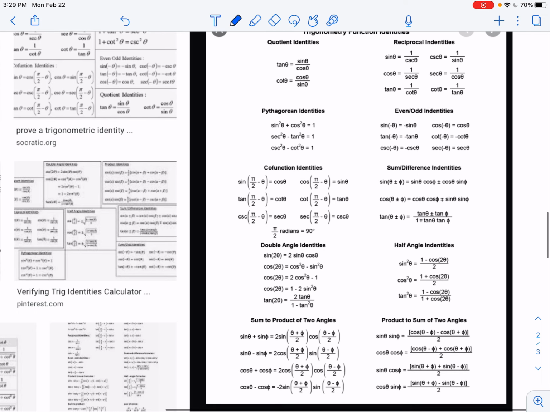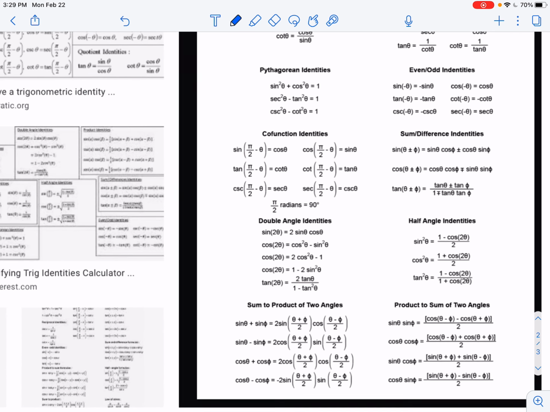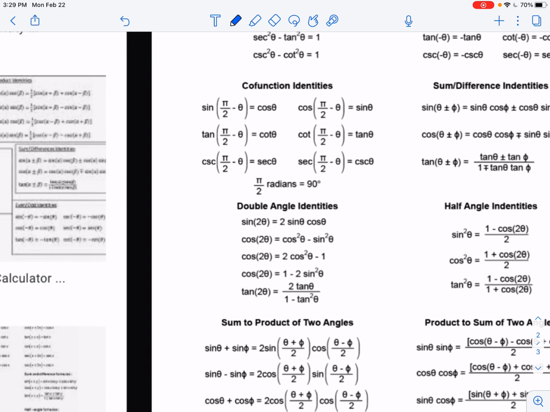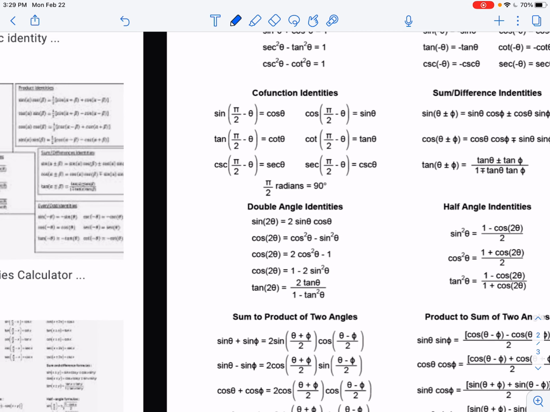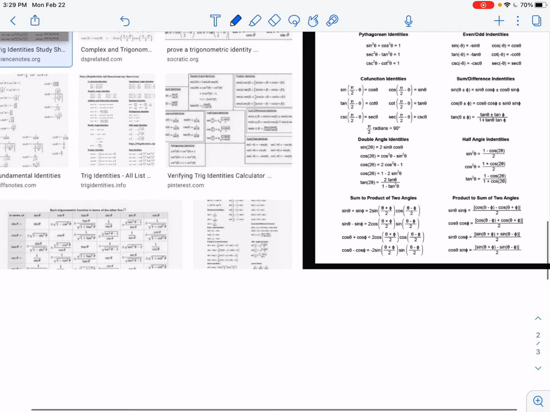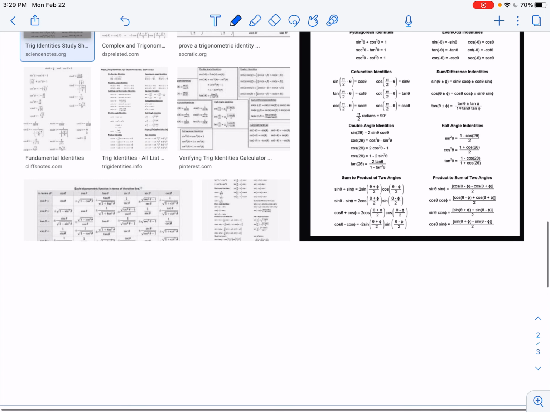These down here, these cofunction identities, I don't have these memorized at all. So I either have to think through them with the unit circle, or I can use the sum and difference identities. So let's pick one or two of these. Maybe we'll say sine of pi over 2 minus theta.